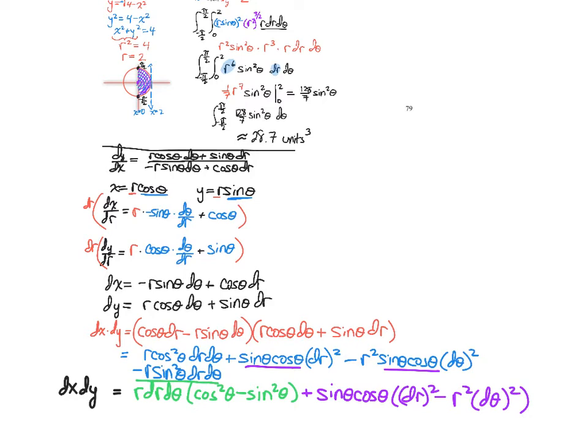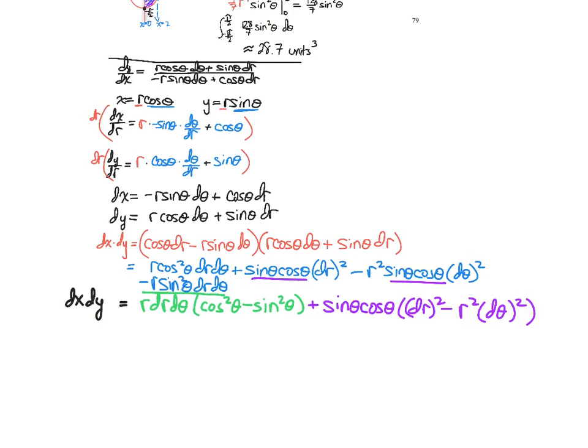So what we can now do is assume that theta has to be approaching 0, because in order for there to be a teeny tiny little interval, that must be the case. So I'd be looking for the limit as theta approaches 0 of dx dy, which would be equal to r dr d theta.